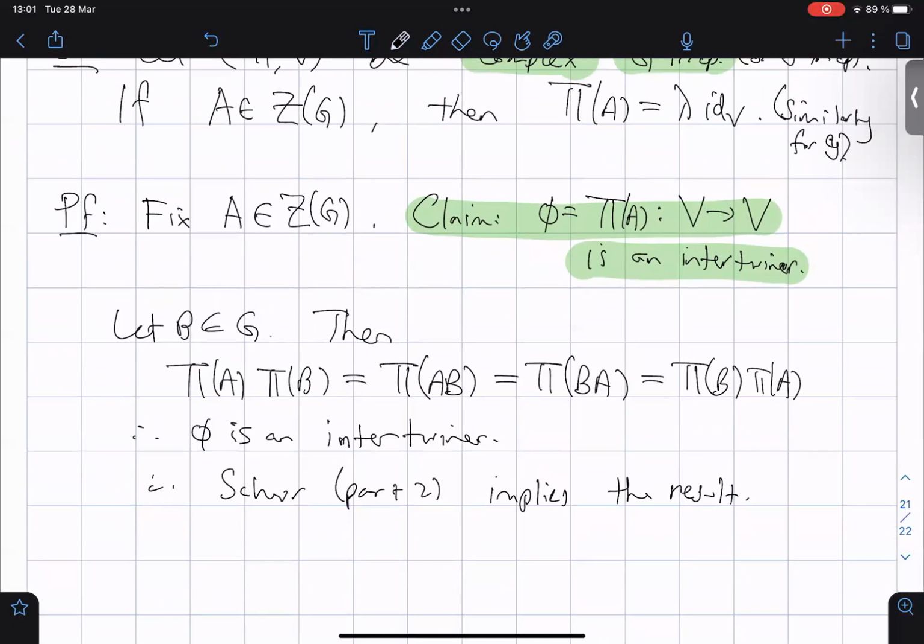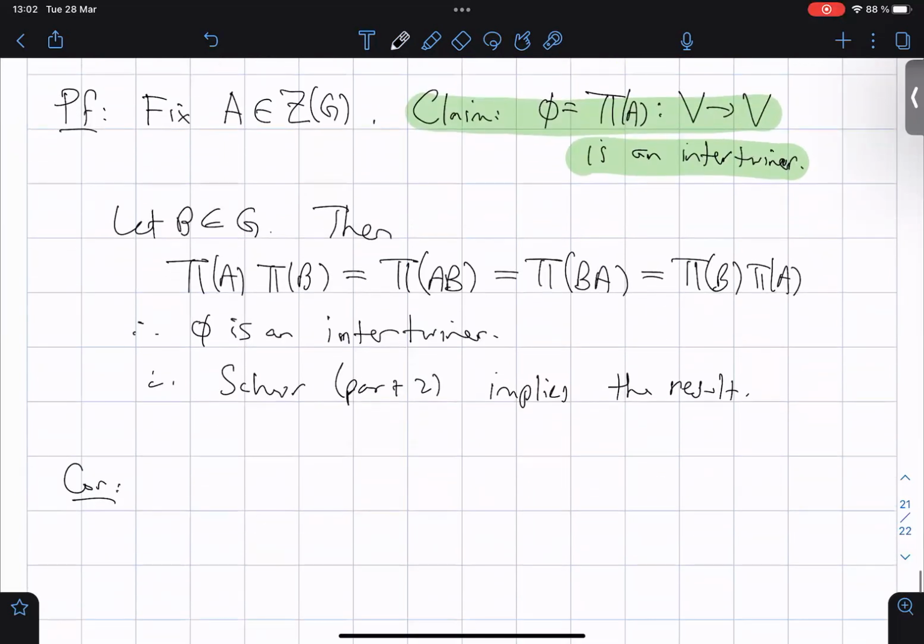It's just a multiple of the identity. We're going to spend a lot of time on this. Let me just do a couple more things and then we'll wrap up and take a break.